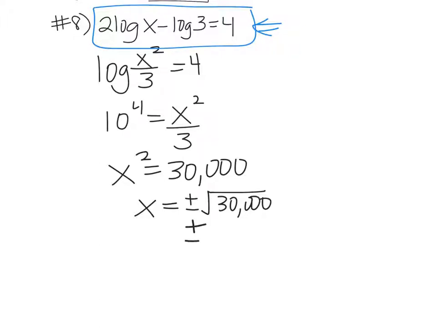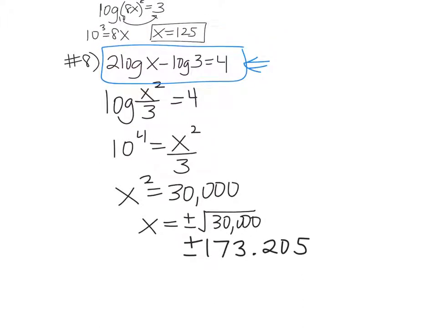So you get 2 answers, but the negative will not work in the original. If you plug in x equals negative 173.205 into the original, we're not allowed to take the log of a negative number in real numbers. And so that one does not work.